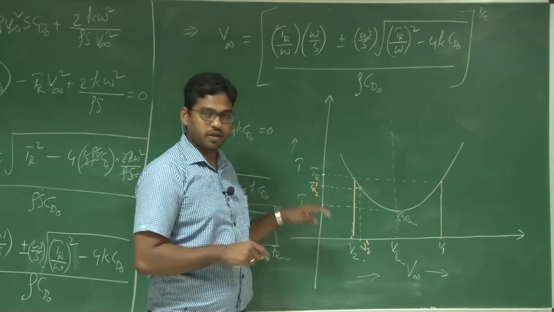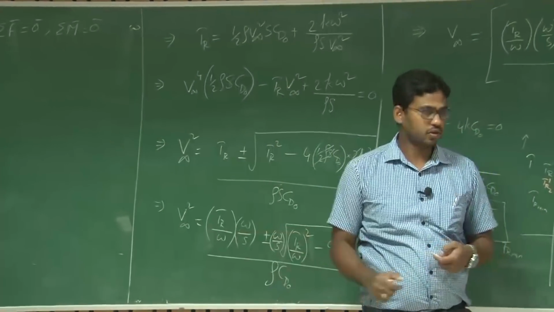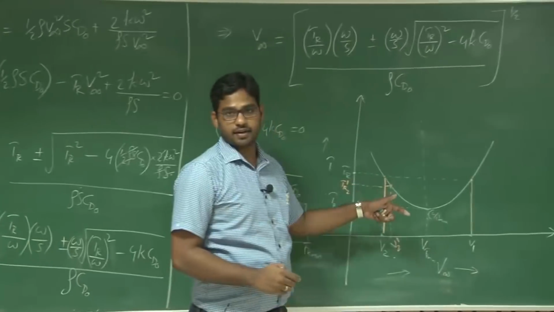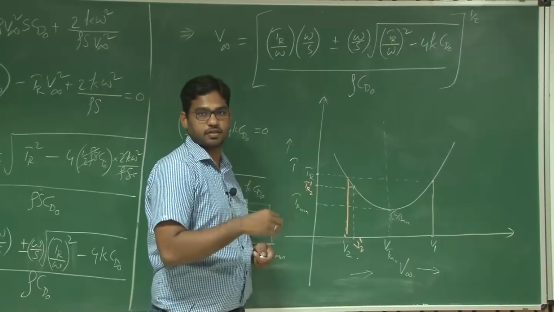Now the thrust required decreased and the drag is decreased eventually. That means the drag is reduced. So the vehicle accelerates. There is an excess force that accelerates the system.